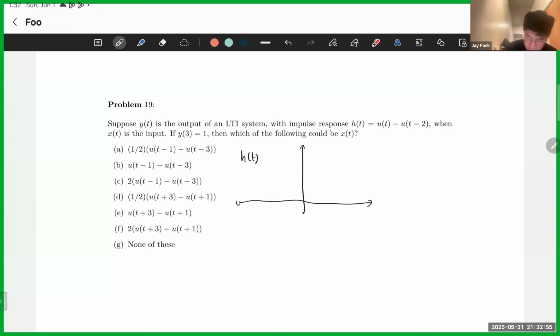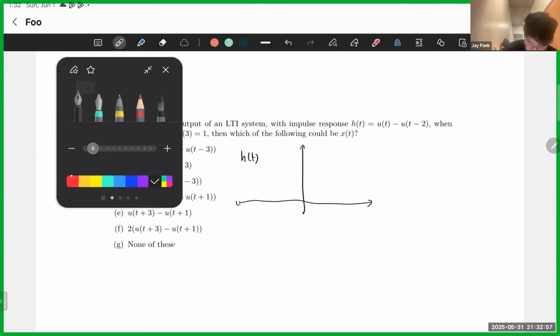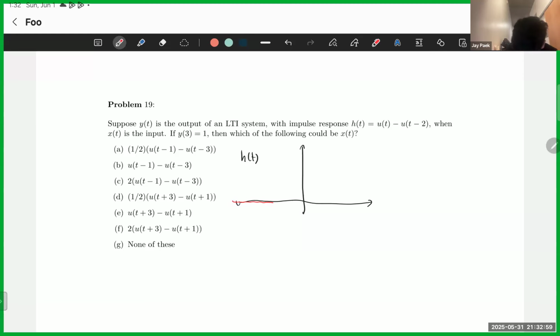If I could draw it out, then I will draw it out. It goes up by 1, and it falls at 2. There we go. And now I want to convolve.